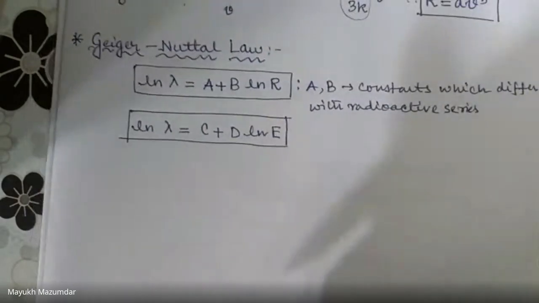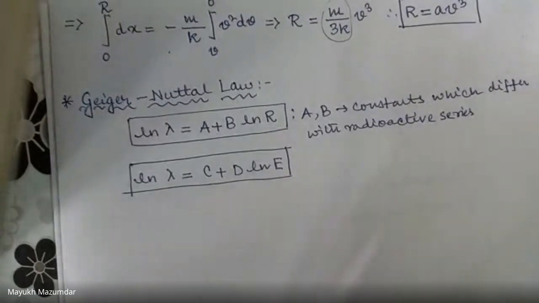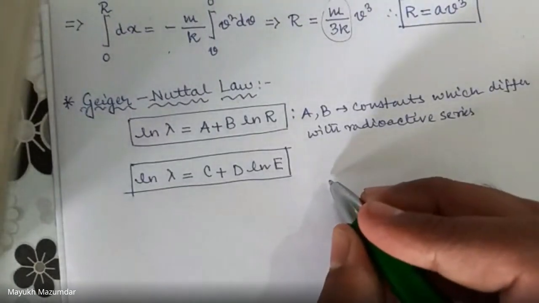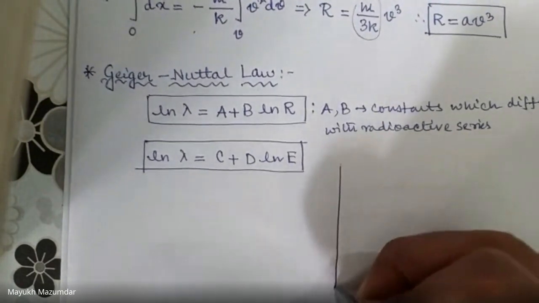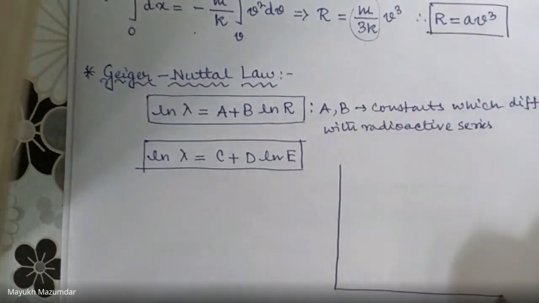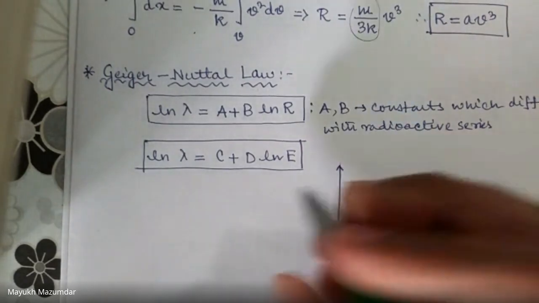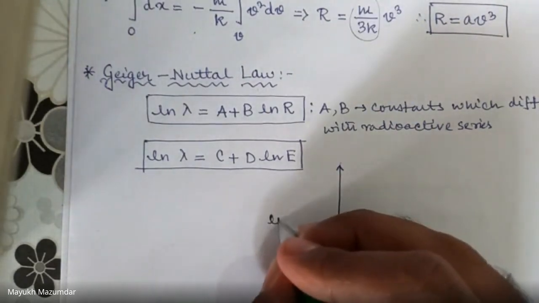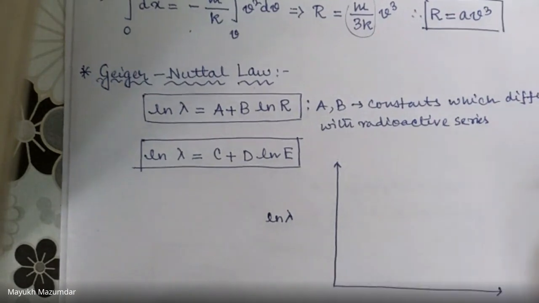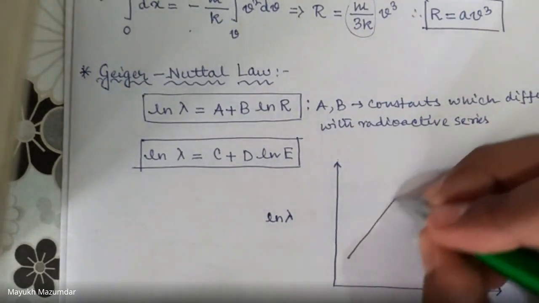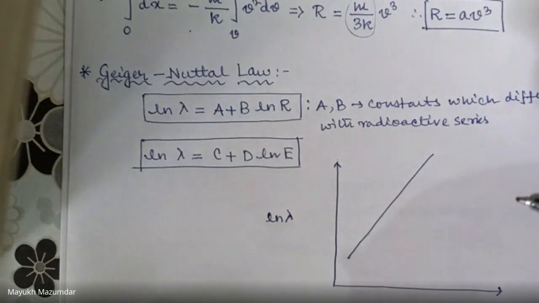You can draw the graph also. You can see it would be a linear graph. So the graph looks like this. It's a y equals mx plus c kind of graph. So if you plot ln lambda this way, and if you plot ln r, it would be straight lines. But for different series, you would get different lines.